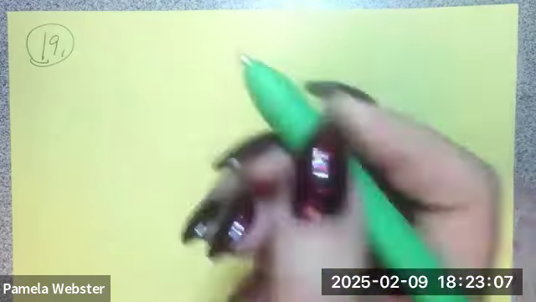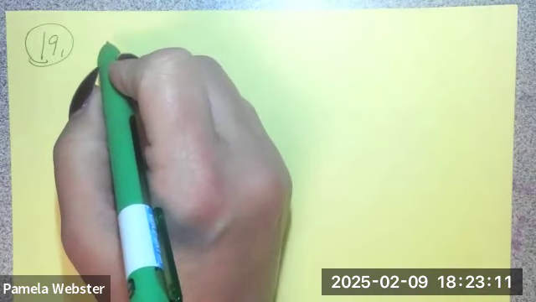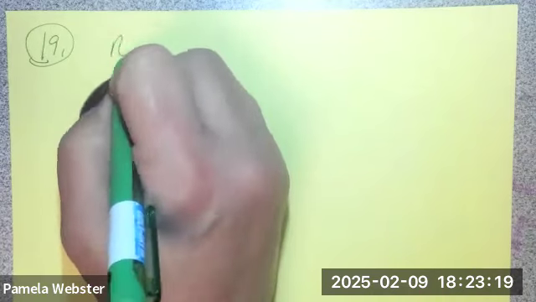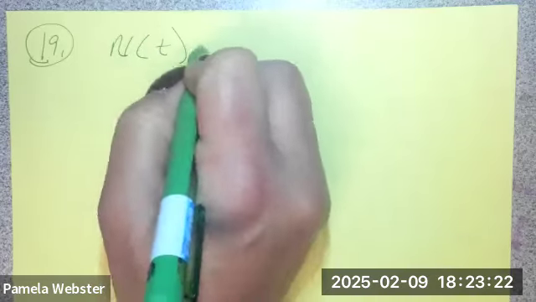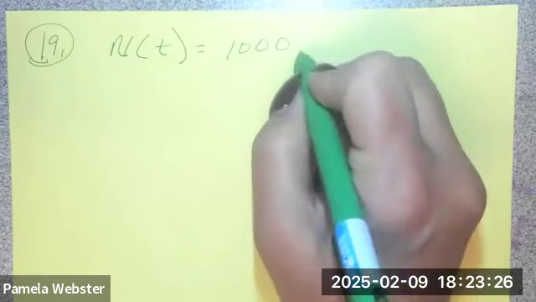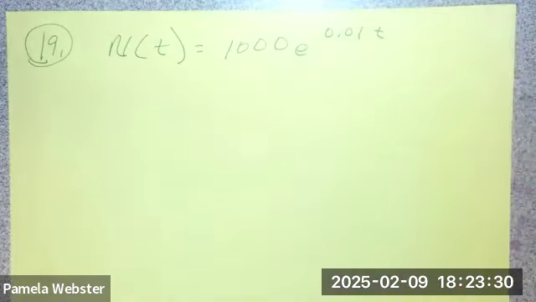Number 19 says the number of bacteria in a culture at a time, T, which is in hours, obeys the law of uninhibited growth, and they give you the formula. N of t equals 1,000 e to the 0.01 t.